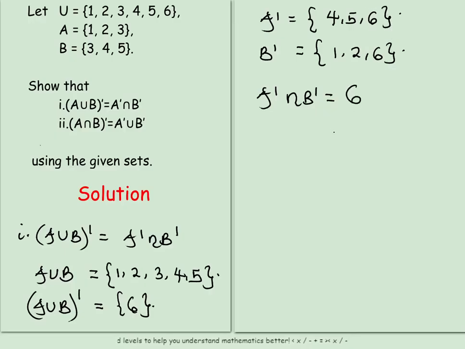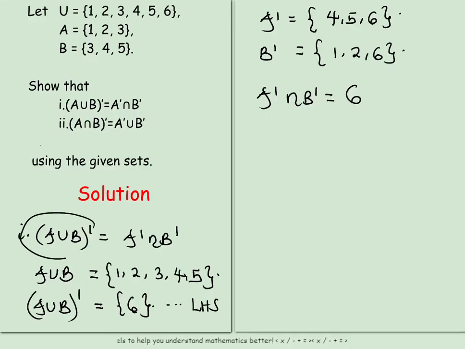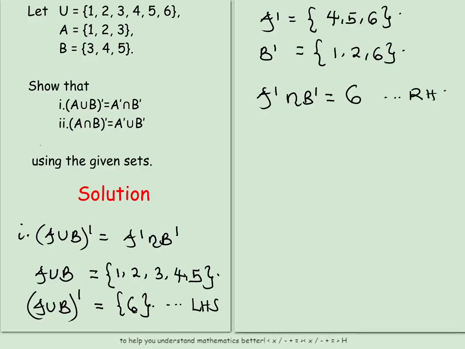So it's 6. Now, if we call this our left hand side, because it is at the left, and we call this our right hand side, then looking at them, you realize that they are actually the same. The left hand side is giving us 6 as the element in the set, and the right hand side is also giving us 6 as the element in the set.